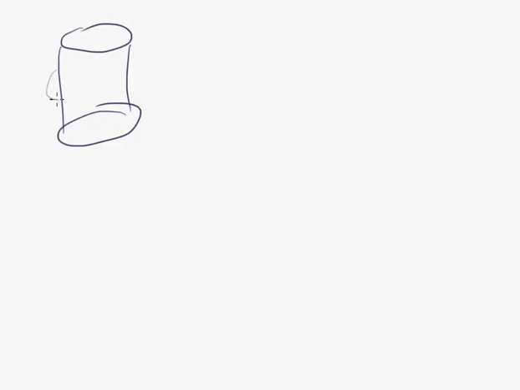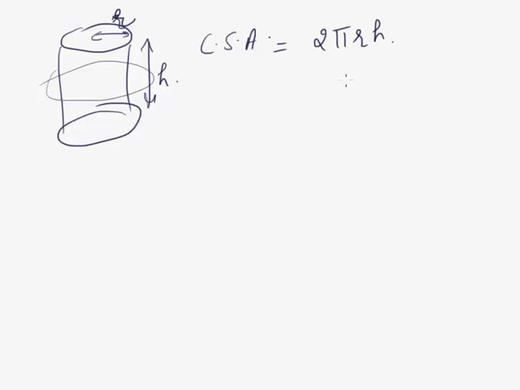Now for curved figures, like the case of a cylinder, if you are talking about only the peripheries, that is this curved part, it will be curved surface area. If its radius is R and height is H, then curved surface area will be 2 pi RH. If we are talking about total surface area, then these top and bottom faces will also be taken into account.